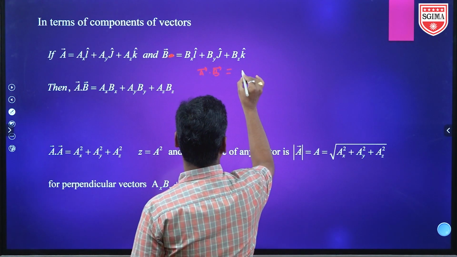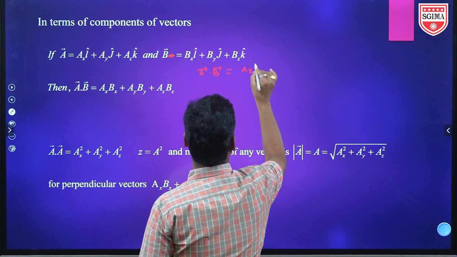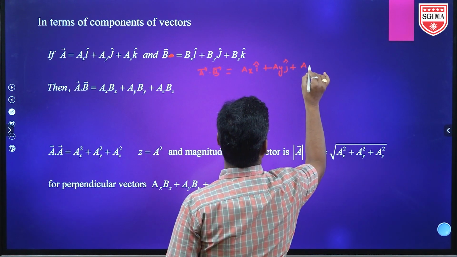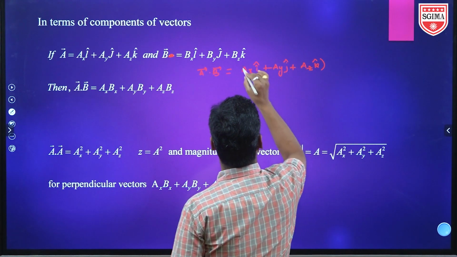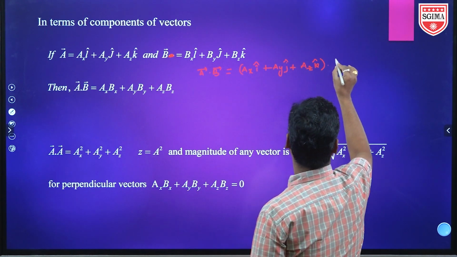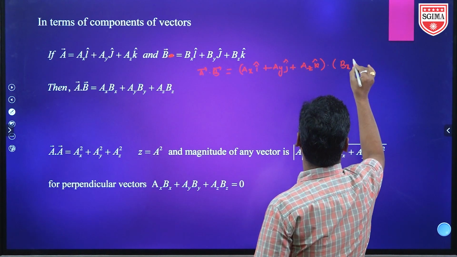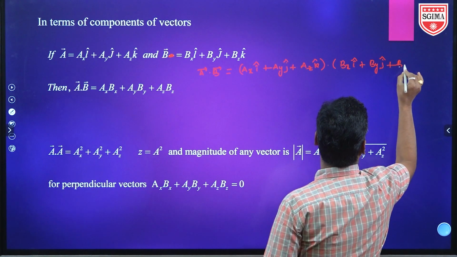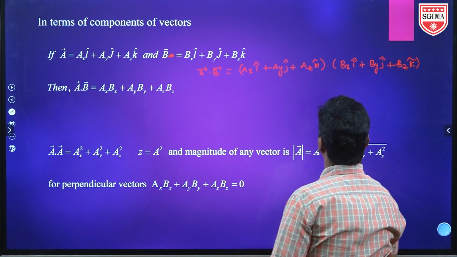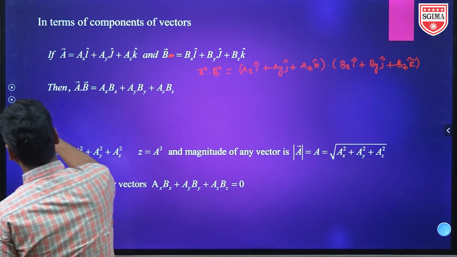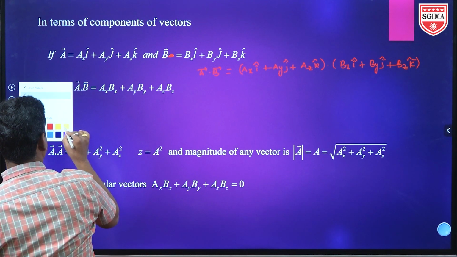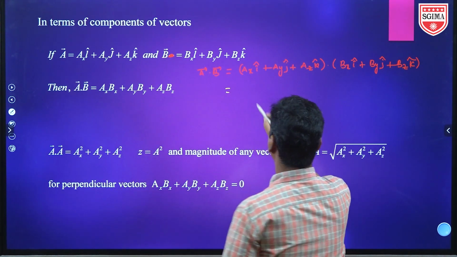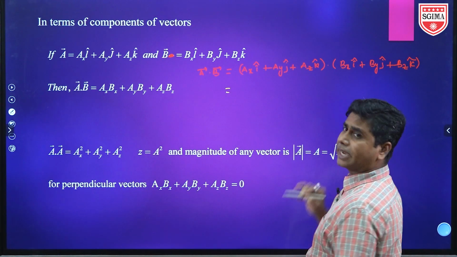A bar dot b bar equals ax i cap plus ay j cap plus az k cap, dot, b bar, which is bx i cap plus by j cap plus bz k cap. Now it's a dot product you are taking. First see ax i cap dot bx i cap.